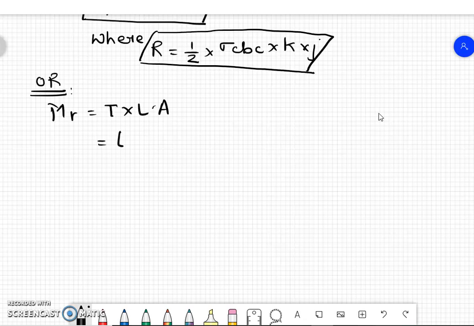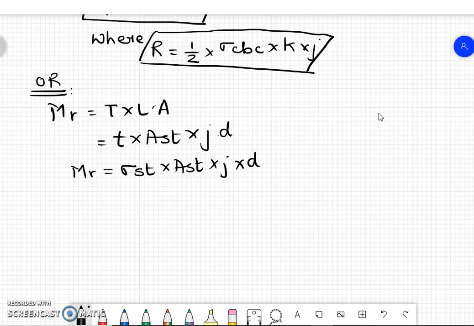Here T is small t into AST and lever arm is J into D. So I've just substituted the value of capital T, that is small t into AST, into lever arm J. This also can be written as T will be sigma ST in our case into AST into J into D. So here we will get the equation for calculation of area of steel, which is equal to MR upon sigma ST into J into D.